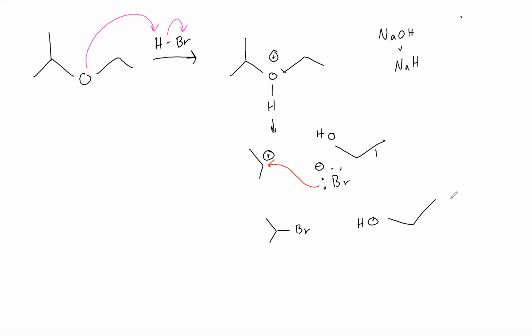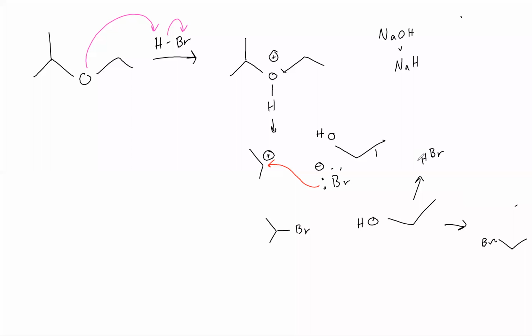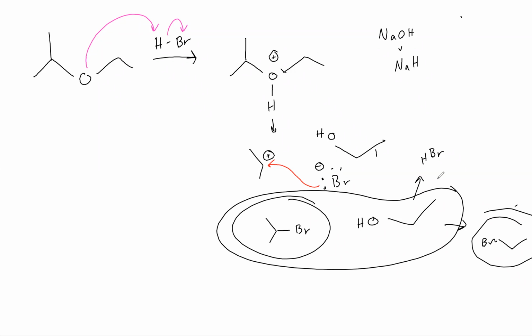We can also further turn this alcohol into an alkyl halide by reacting it with HBr, which will then follow the same mechanism that we talked about before with alcohols, and we end up with this right here. So our overall two products would be these two alkyl halides. But if we only reacted with one equivalent of acid, then we would end up with these two as our products. It just depends on how much acid we're reacting with.